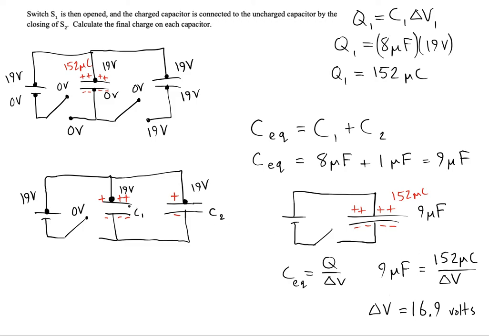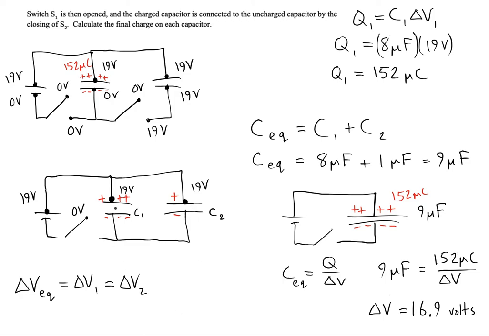So that is going to be the new potential drop across the gap. Because remember that the delta V of the equivalent capacitor equals the delta V of the first capacitor, and that's equal to the delta V of the second capacitor. They're all the same delta V.